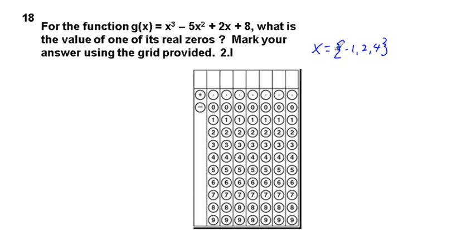If we pick -1, we've got to put -1. Make sure we bubble in that negative sign. And if you were lazier, you would have picked 2 or 4 and not have to bubble in a negative value. Again, one of 3 possibilities, any one of which would be a correct answer for 18.